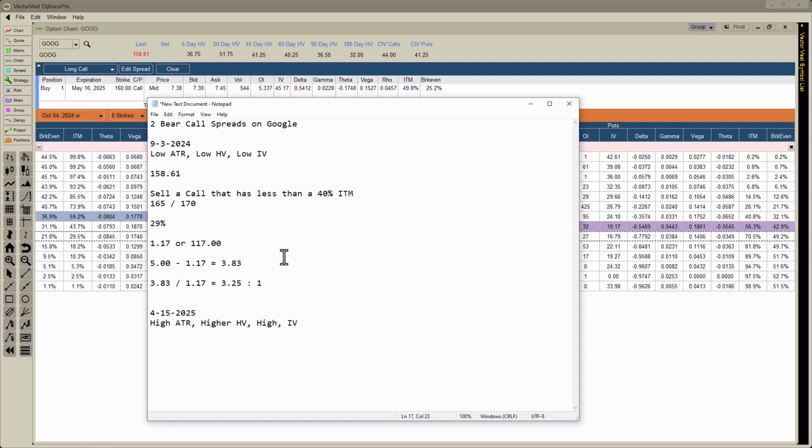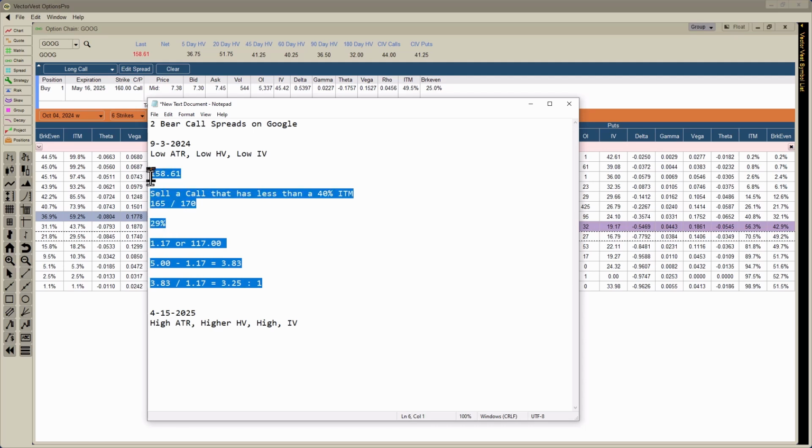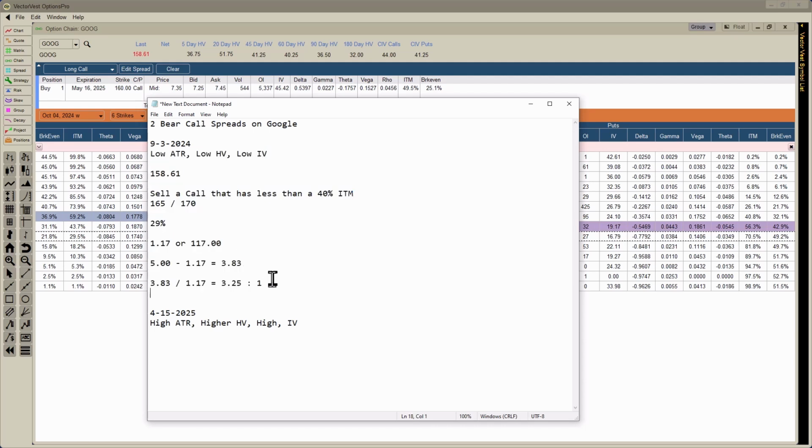Now, for those of you that have never sold options before, that's actually pretty good. Remember, you have essentially, I'm rounding here, a 70% chance of this trade working versus a 30% chance it doesn't. So that right there is a very typical low ATR trade on something like Google.